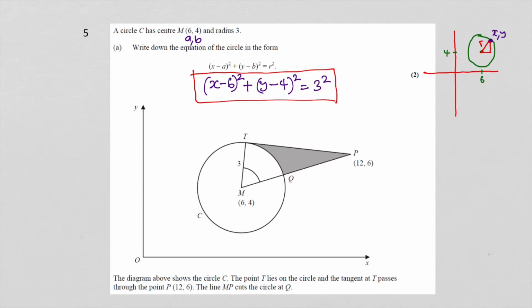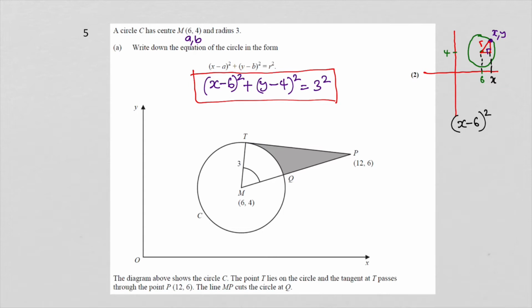So if you trace those points, that's your 6 and that's your x. You can see your x is bigger than your 6, so that's why we say x minus 6 squared, because we're applying Pythagoras theorem to this. X minus 6 squared.